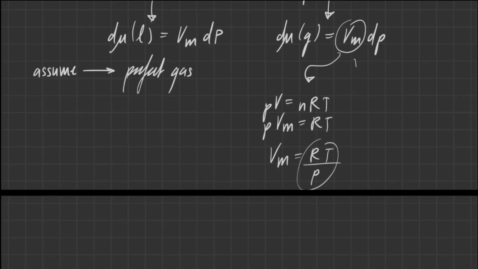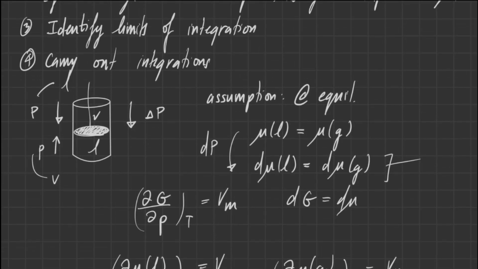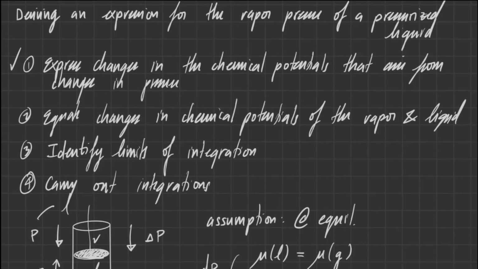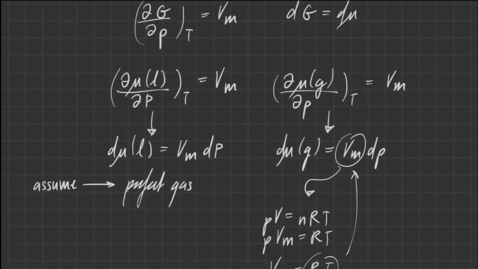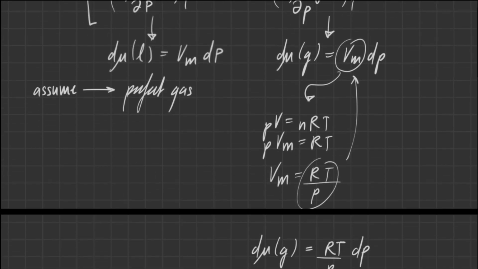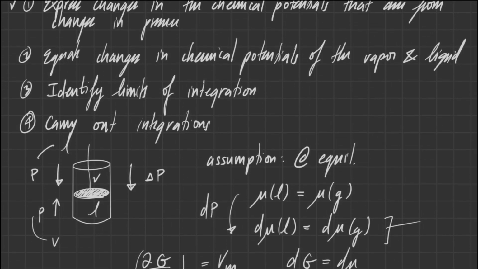Now we can plug this in right here, and then we get the equation: the change in mu of the gas phase is equal to RT over P dP. So we've completed step 1. We've expressed the changes in the chemical potentials that arise from the change in pressure by using these relationships. We also simplified by making the assumption that we are dealing with a perfect gas.